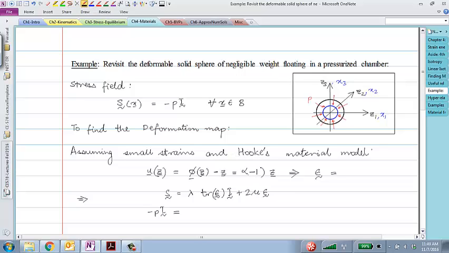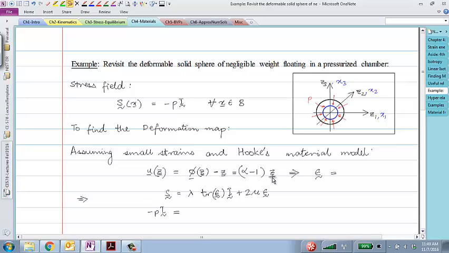Gradient of u with respect to z, what would that be equal to? If u is some scalar, alpha minus 1, times z, what would be the gradient of z with respect to z?